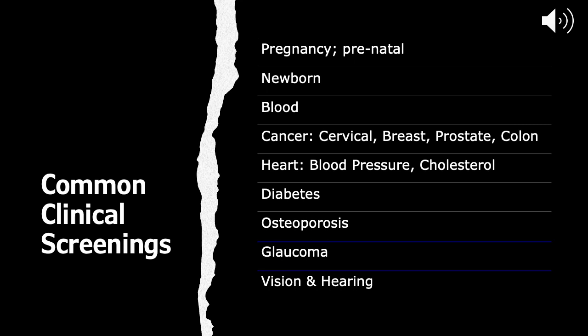We do screenings for women over the age of 65 typically, and then if they're a little bit younger but with some significant risk factors, we'll screen them for osteoporosis with what we call a DEXA scan. So it's basically a whole body x-ray measuring the density of their bones. Glaucoma, so again in the elderly, looking at their eyes during their physical exam and assessing their vision and hearing.